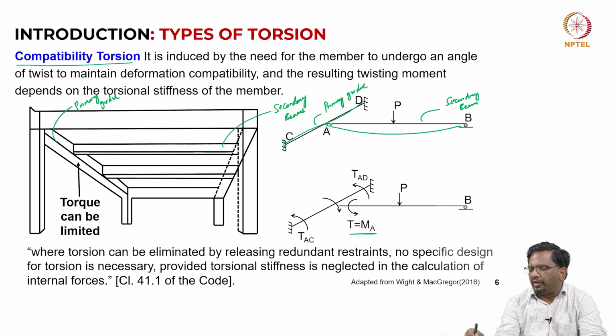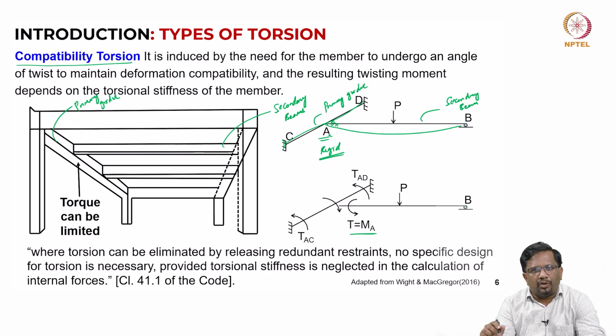Whatever flexural rotation we have, let us say theta A, that will basically become a twisting for the beam CD. So, now I can design this connection at joint A depending upon how much torsion I want to transfer. But this twisting moment, let us say T equal to MA, will develop only if this joint is rigid.